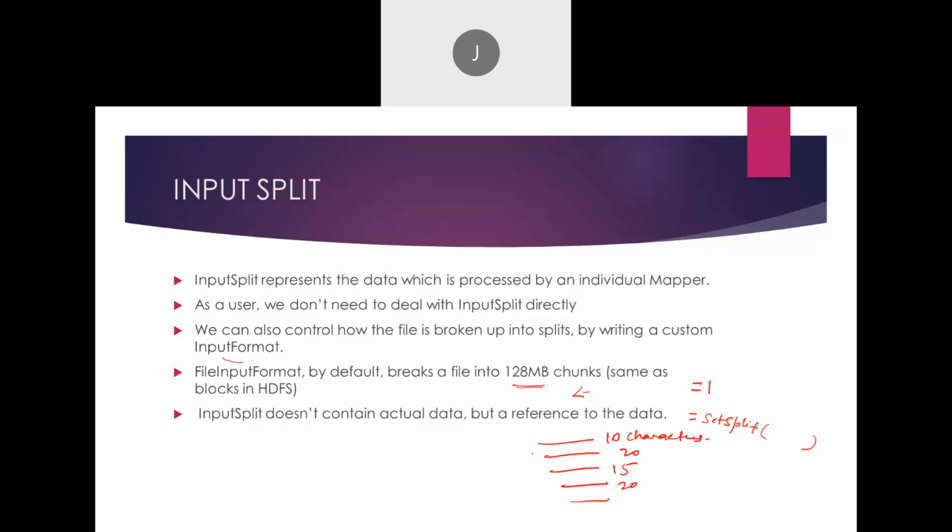If we are trying to divide based on the input split, with the offset 0 and one line, what they are saying is it will not be one line all the time. It will divide the data of 128 megabytes. Sometimes it will go to the next line also and take till that line, and store it as 128 megabytes. That's what they are saying. It doesn't always mean a single line division, but it will divide by megabytes, however it fits 128 megabytes.